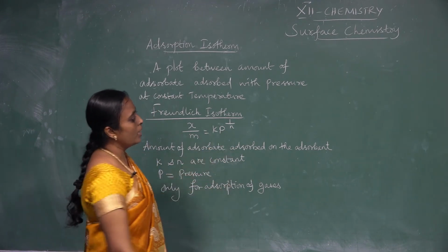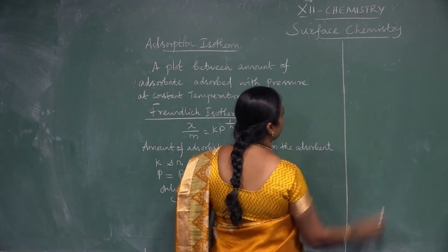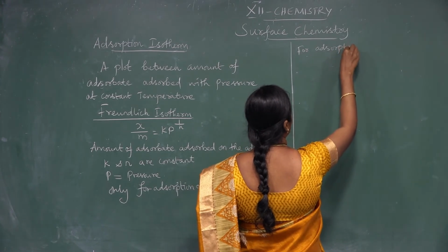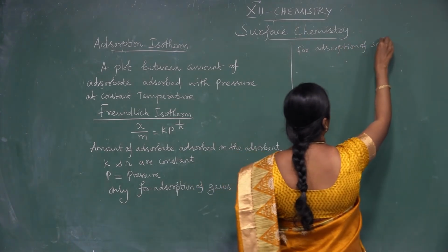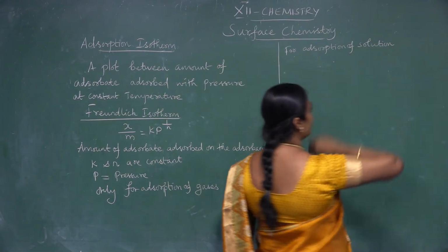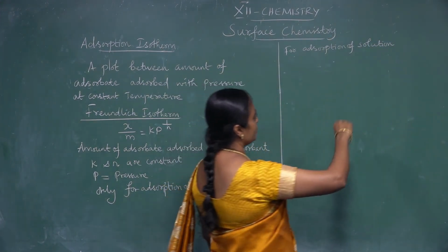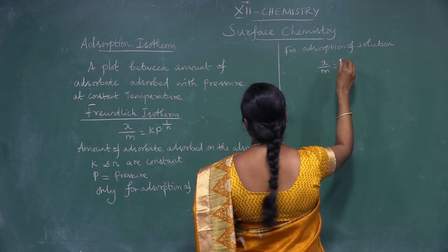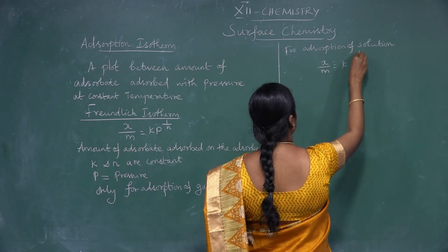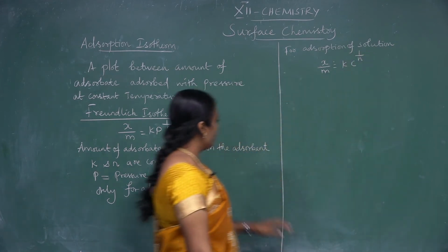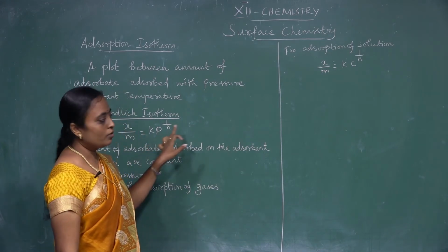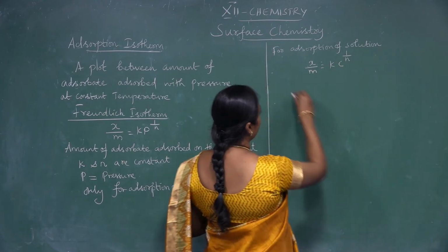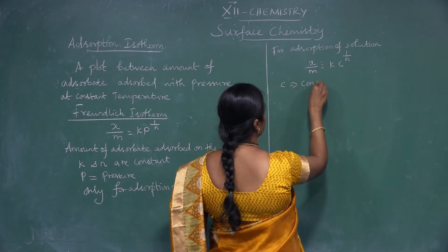If you want it for adsorption of a solution on the adsorbent, we use the term x by m is equal to k c power 1 by n. So instead of pressure, we have to use a concentration term, where c is the concentration.